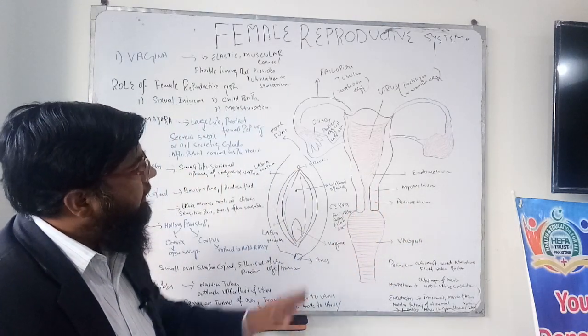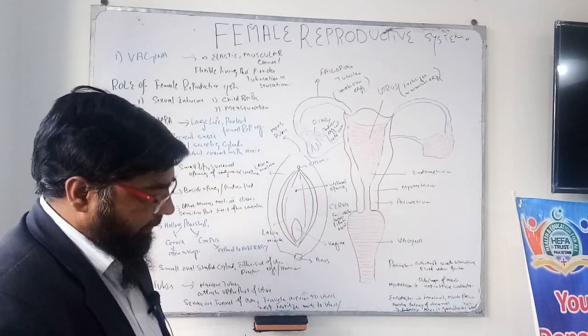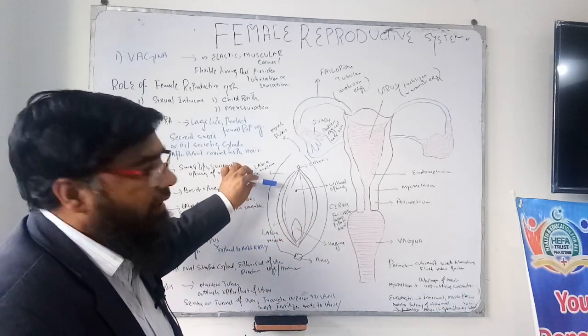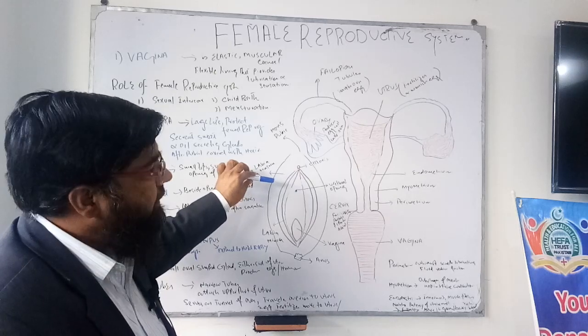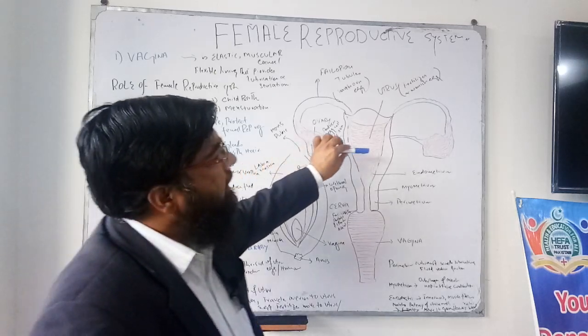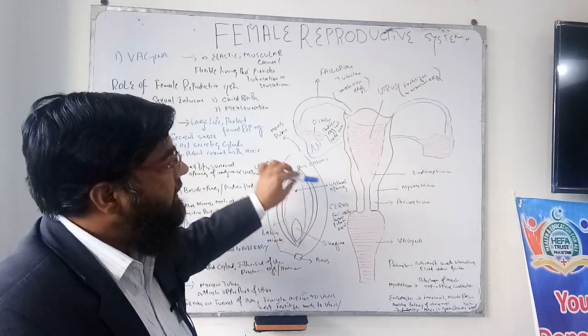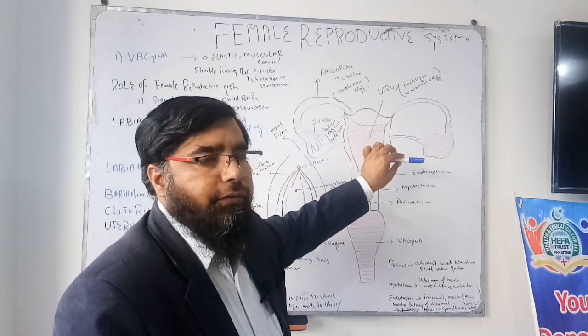Here you are seeing two diagrams. This one is the external portion of the female reproductive system and this one is the internal portion. This is the external view and this is the internal view.